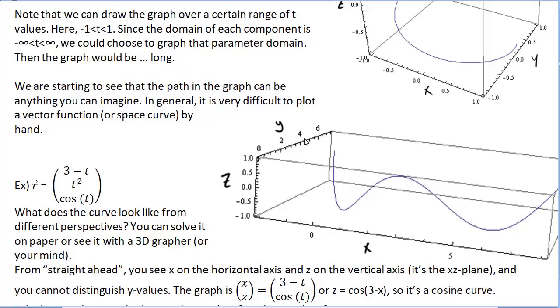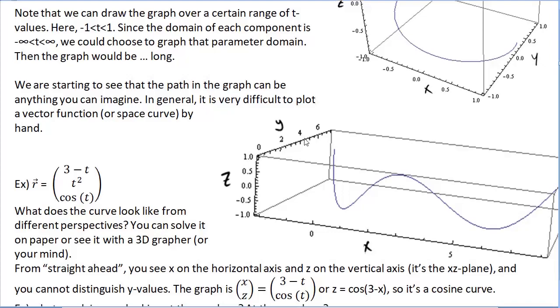So the graph, just looking at x, z coordinates, would be 3 minus t, cos t. If we solved it out, we would get that t equals 3 minus x. Since z equals cos t, then z is just cosine of 3 minus x. So it's a sort of cosine curve from that perspective.